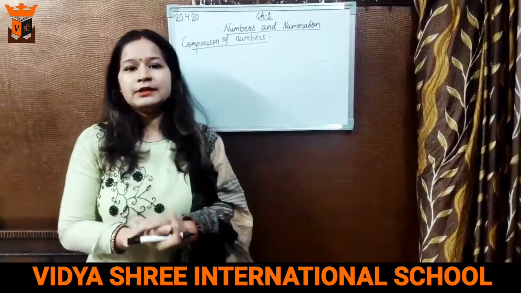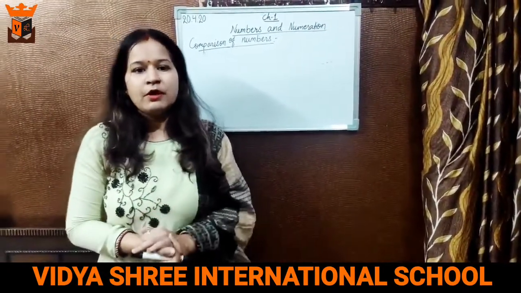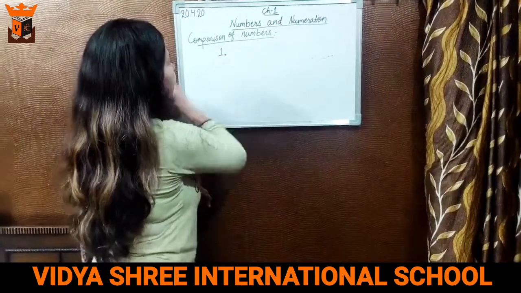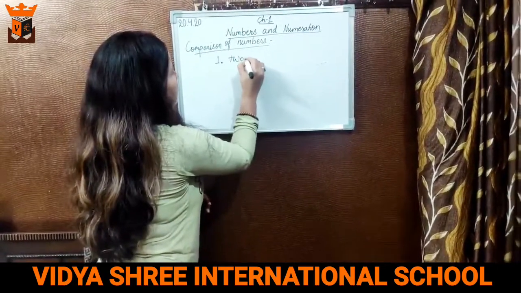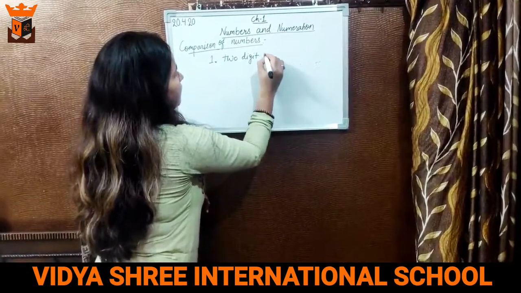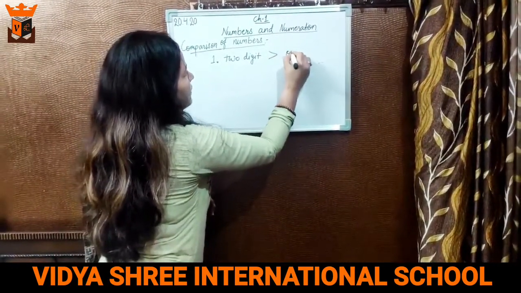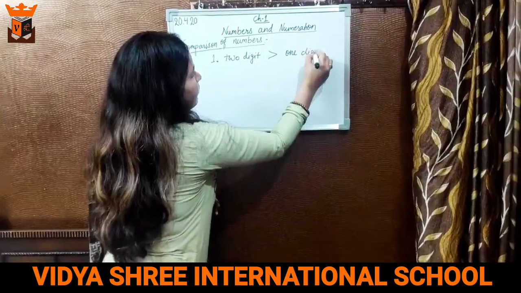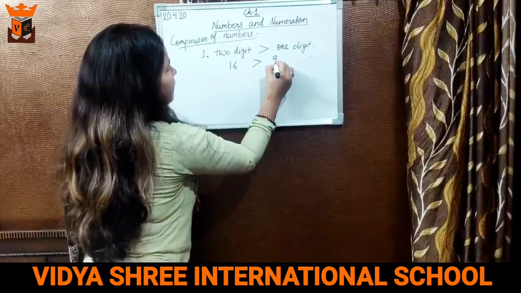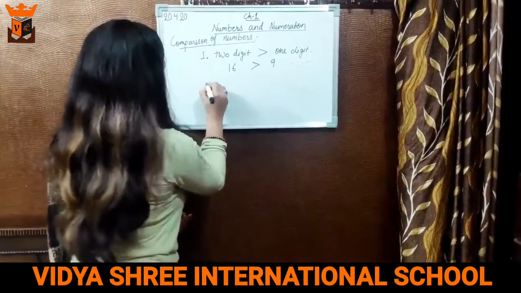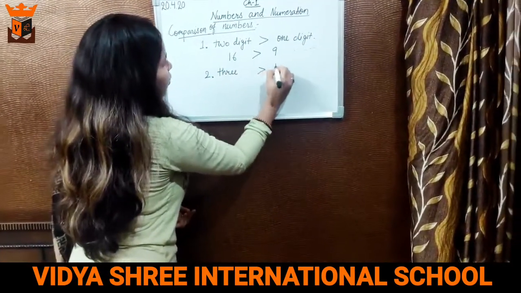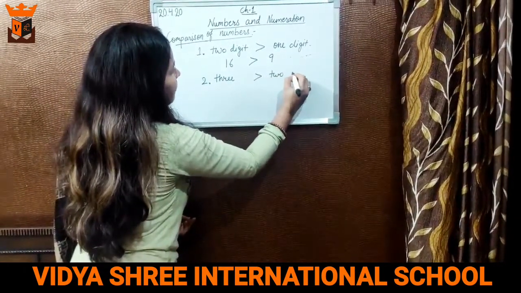So basically it belongs to some rules. Firstly we will read them. First rule is a 2-digit number is always bigger than a 1-digit number. Suppose 16 is always bigger than 9. Second, a 3-digit number is always bigger than a 2-digit number and 1-digit number.